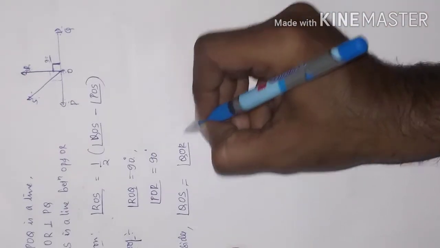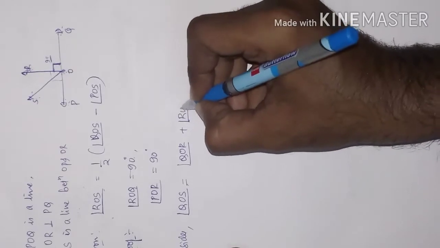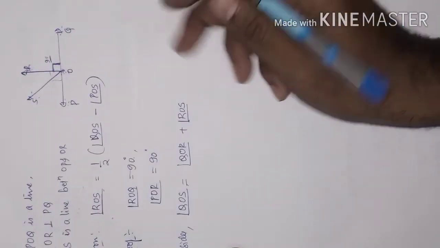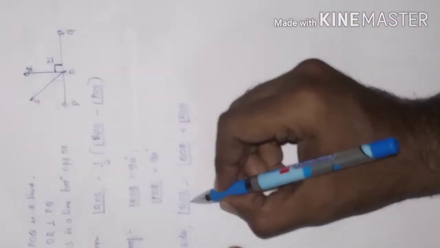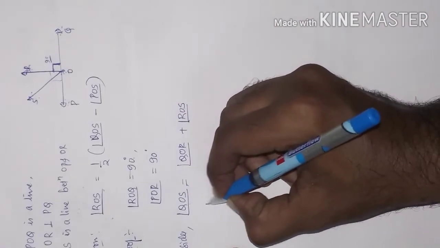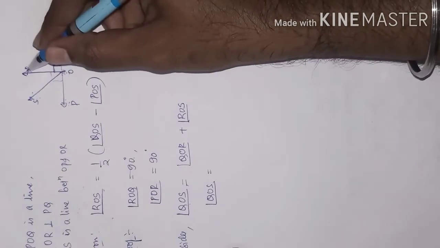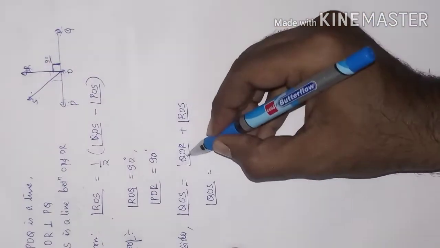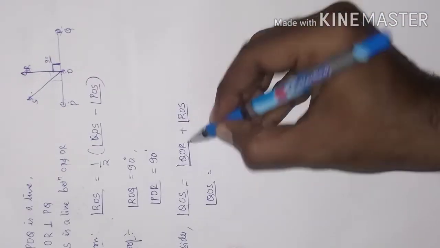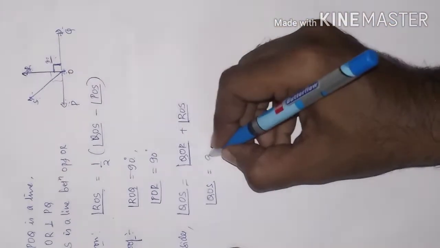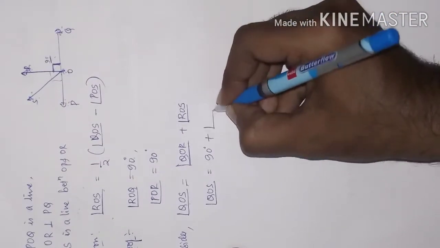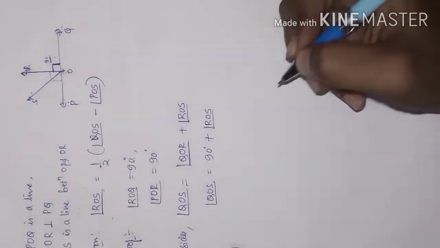QOR plus ROS. It consists of two angles. Now QOS I will keep as it is, but in the place of QOR I will write 90 degrees. See here, QOR is equal to 90 degrees, and this ROS we will keep as it is.